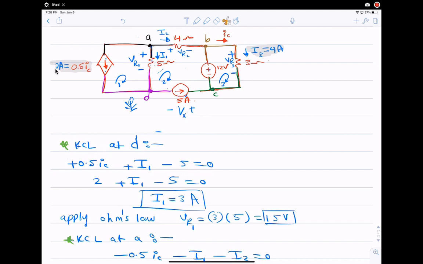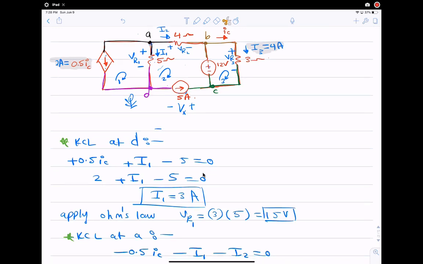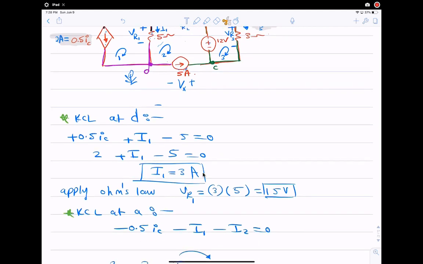I already knew it, 2 ampere plus I1 minus 5 equals 0. 2 minus 5 is negative 3, right? And then I move the number to the other side, so it's positive 3. So you can say I1 minus 3 equals 0, and then you move the 3 to the other side, so I1 equals 3 ampere.